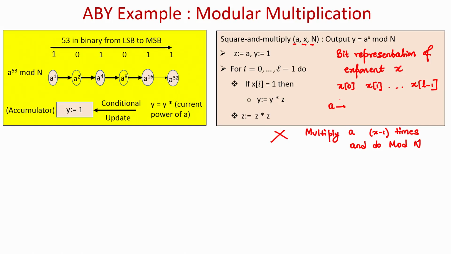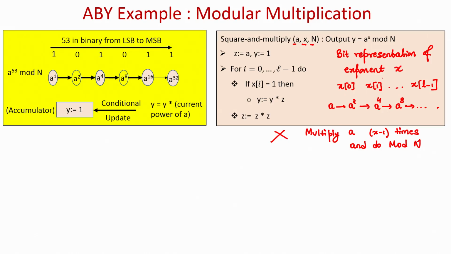So, we start with a power 1, then we compute a square, then if we square a square we get a power 4, if we square it again we get a power 8. We keep on doing this in each iteration, and in each iteration we also check whether the current bit of the exponent x is 0 or 1.